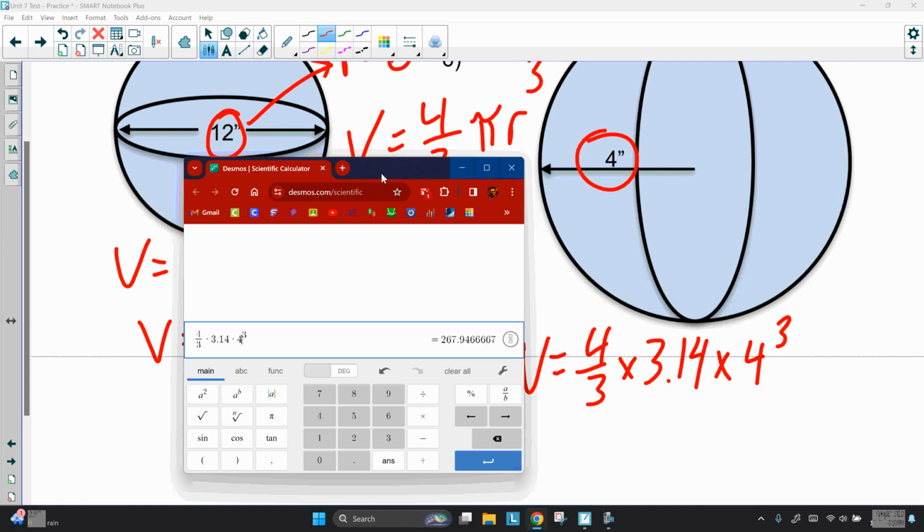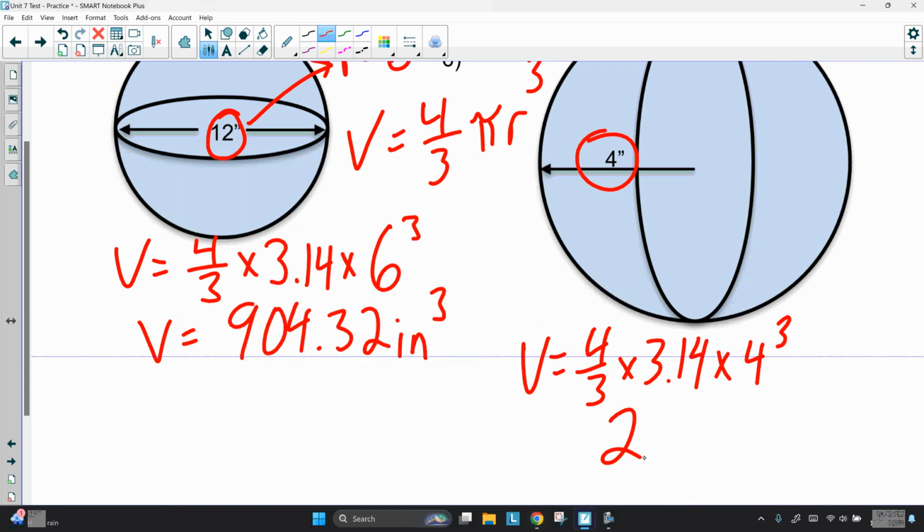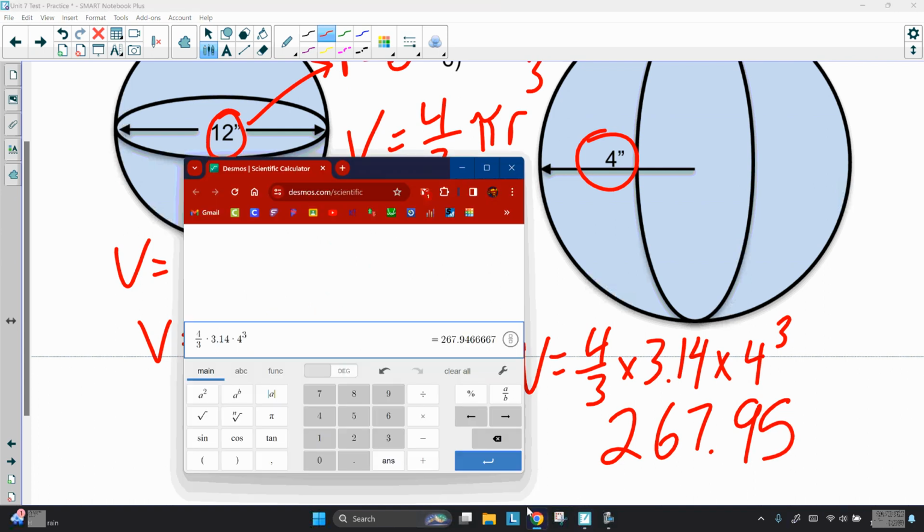So this one is 267 point, that 4 rounds that 6 up to a 5, so 95. 267.90. Oh my goodness, I think I've already forgotten what that number was. Let me pull it back up. Indeed, 95. So 267.95, because again, that 6 rounds that 4 up. And it is inches cubed.